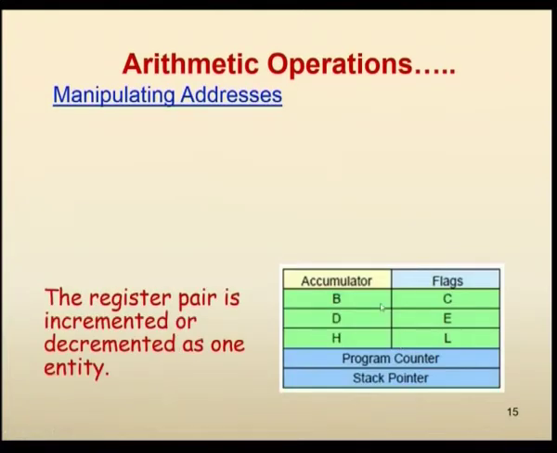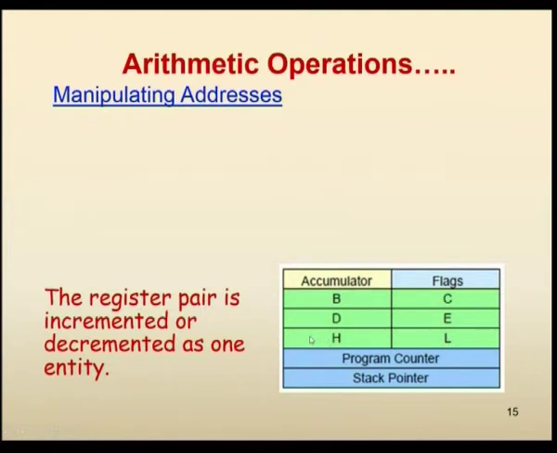Then of course, you can also manipulate the register pair. I have reproduced the architecture of the 8085 for your reference, just to have a few minutes review. It has the accumulator, flag, and then register pairs: BC is one register pair, DE is another register pair, and HL is another register pair.